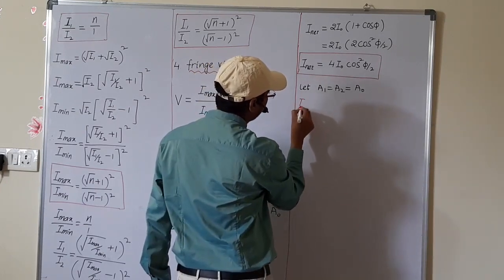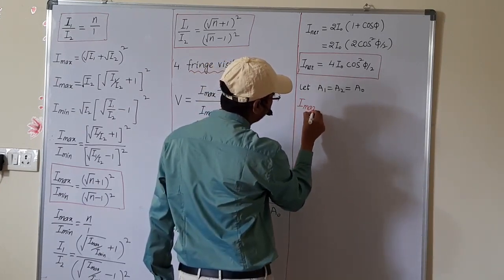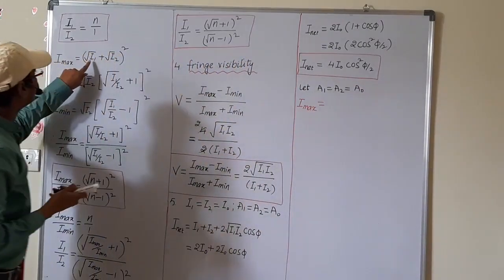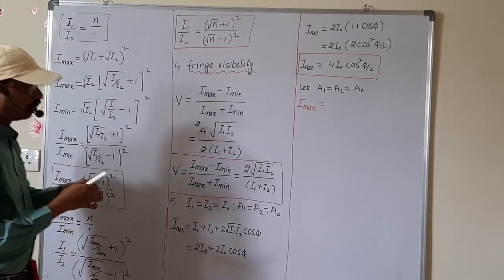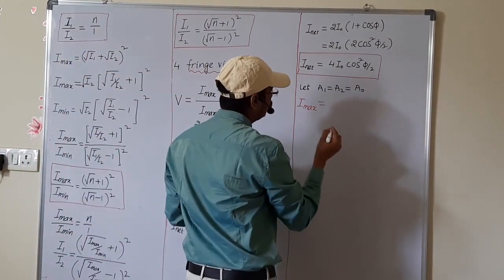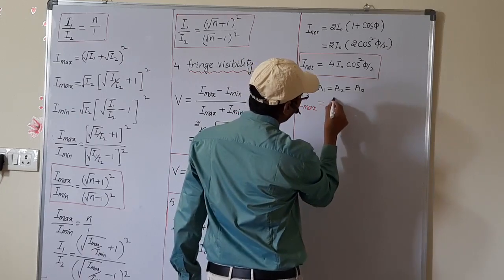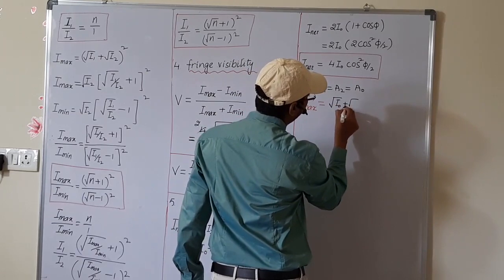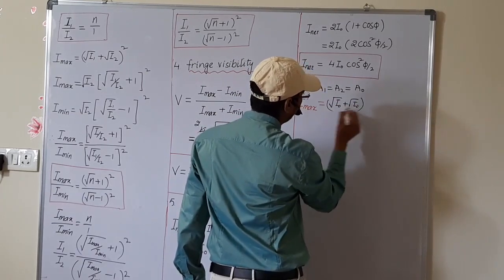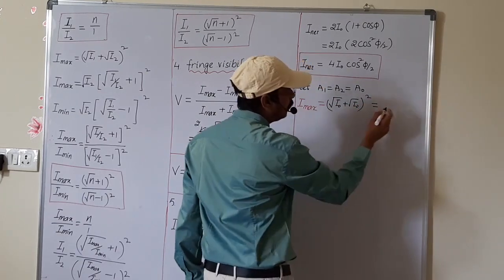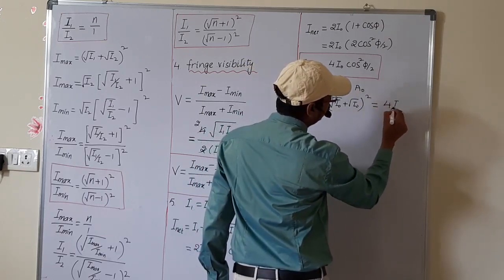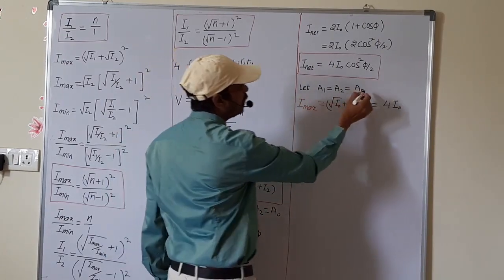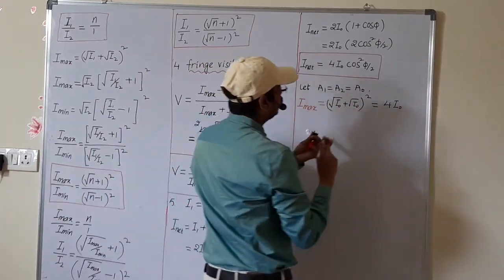First I am taking I maximum. What is the formula for I maximum? Root I1 plus root I2 whole square. If I substitute I1 and I2, that is root I0 plus root I0 whole square, which completely becomes 4 I0.